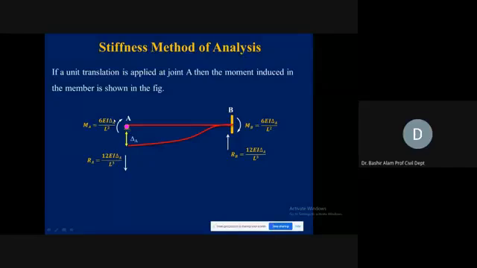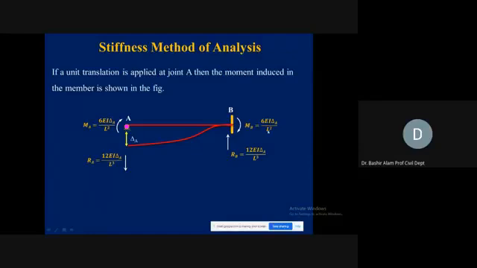Once you know the amount of the unbalanced moment, it is very easy to find the amount of the couple. What will the couple be? It will be the summation of these unbalanced moments. If we take this specific problem on the screen right now, it becomes 6 EI delta A divided by L square plus 6 EI delta A divided by L square, which means 12 EI delta A divided by L square.